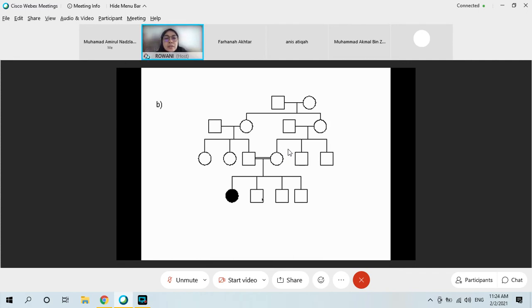Again, as I mentioned earlier, if you see that there is no other family member affected and suddenly one person has a genetic disease, and then you note that the parents are consanguineous, then the most likely mode of inheritance is autosomal recessive. So here the important point is the presence of consanguinity in the parents.